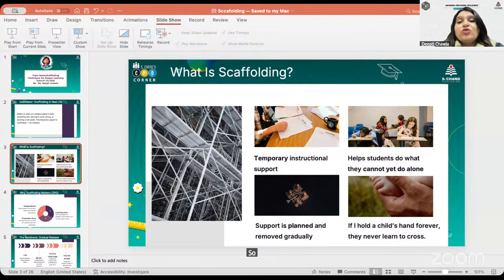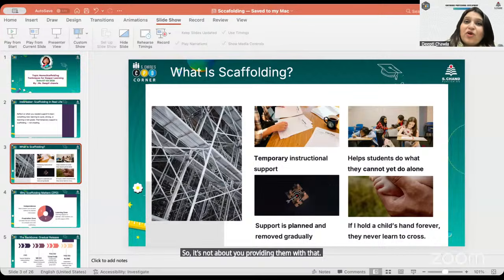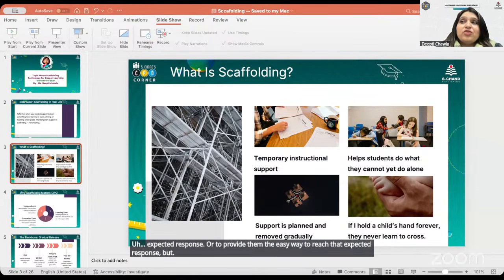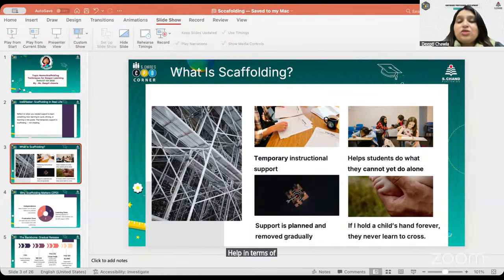So it's not about you providing them with that expected response, or the easy way to reach it, but helping them with how to arrive at that expected response. Then it has to be planned, and it needs to be a gradual release of responsibility.